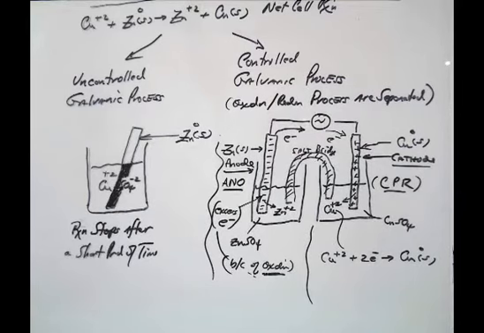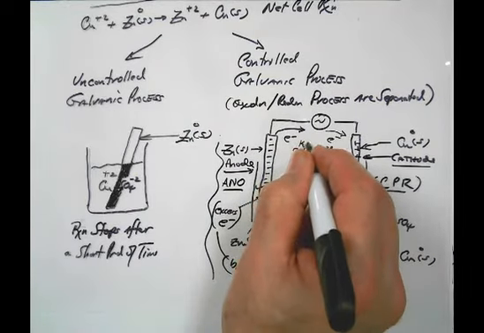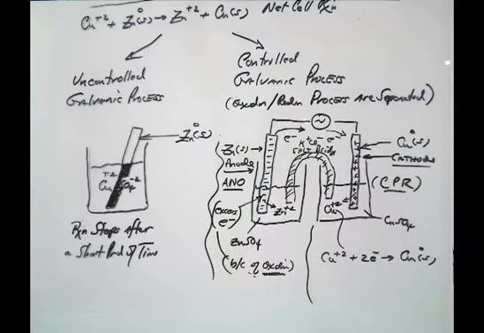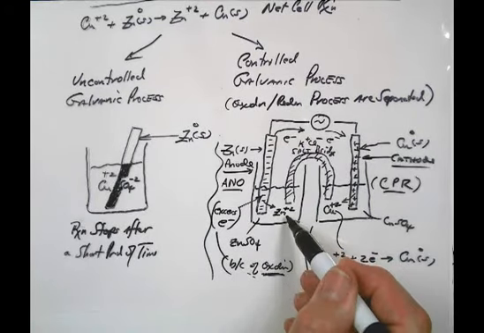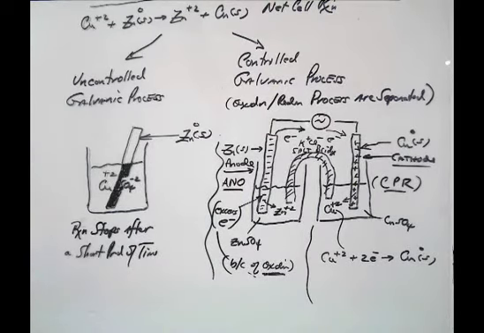Now, the only other thing in here that's missing is what's happening at the salt bridge. A salt bridge is an ionic compound, something like potassium chloride or sodium chloride. So I'm going to put a potassium chloride up here. I know it's getting kind of crowded. Sorry about that. As the zinc is oxidized into solution, that is, you're sending zinc ions into solution, that solution is increasing in positive charge.